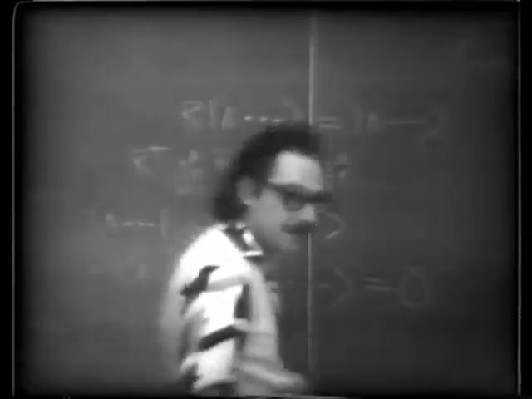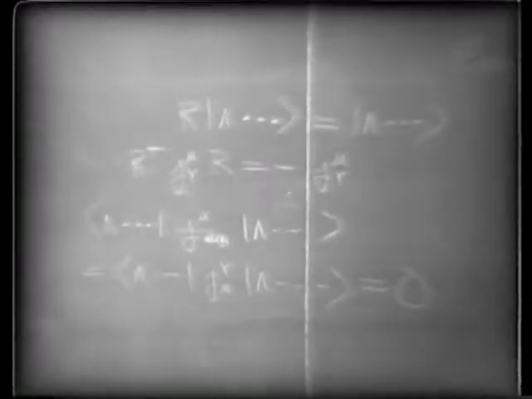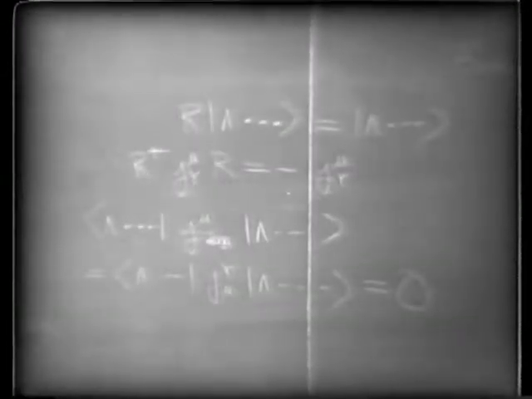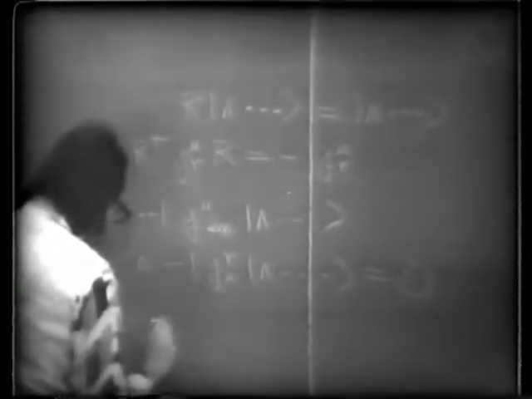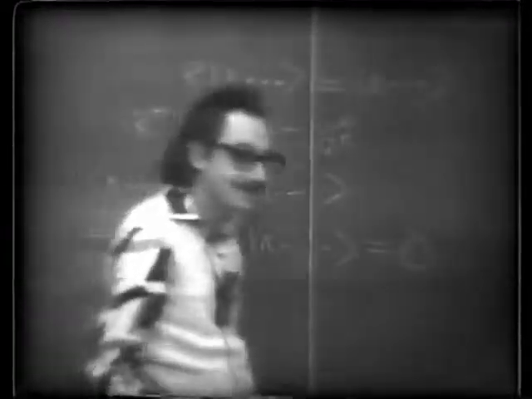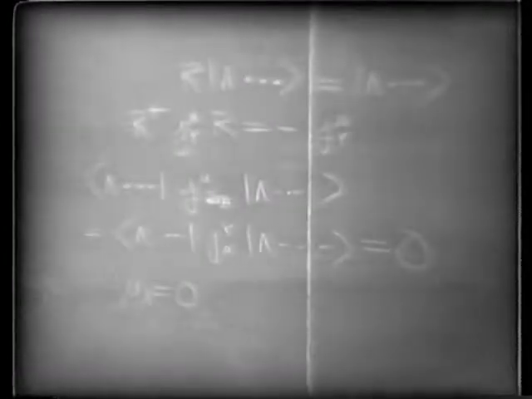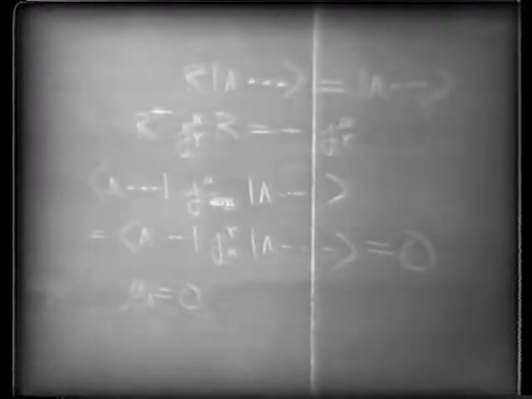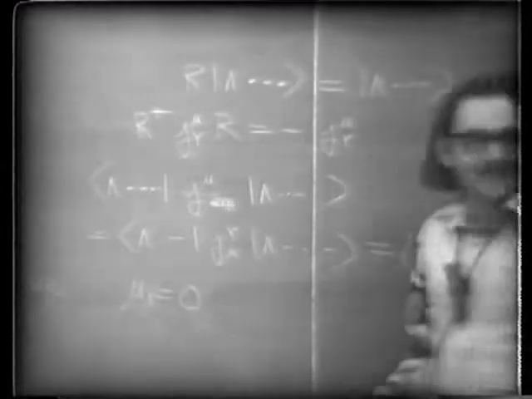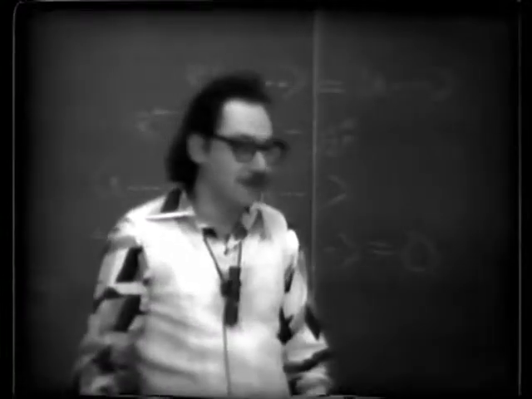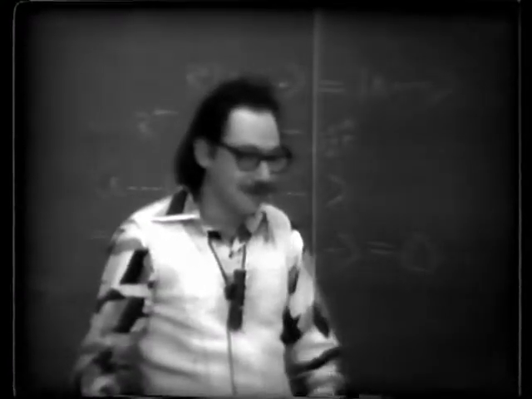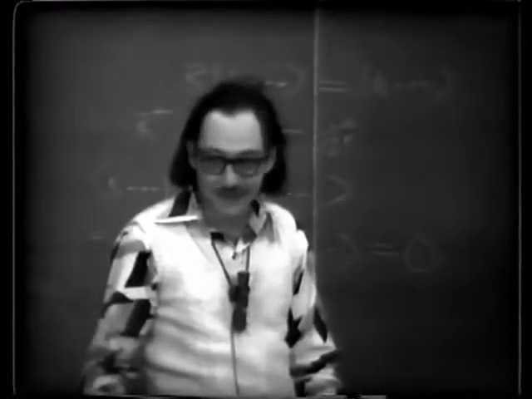The lambda doesn't change sign, the current changes sign. Thus, I am led to the conclusion that the magnetic moment of the lambda must be 0. Now, of course, that magnetic moment of the lambda wasn't even measured until 1963, so that didn't shake anyone up at that time. But now it is measured and is known to be on the order of half the neutron moment, a typical hadron magnetic moment, not particularly small in any reasonable sense.